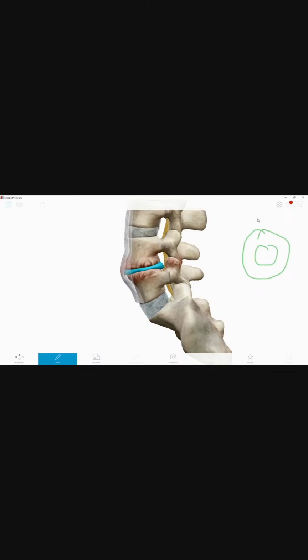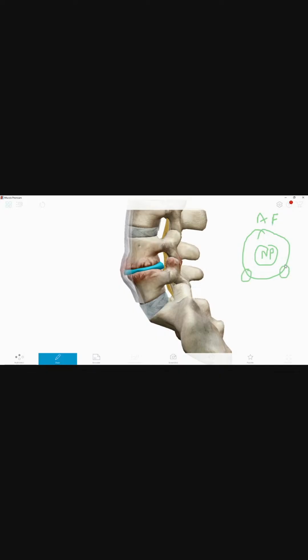The outer layer is called the annulus fibrosus, and the internal part is called the nucleus pulposus. This is the gel portion of the disc. When we say the gel of the disc has oozed out of place, we are talking about this gelatinous portion of the disc. Usually, this disc is weaker on the outer lateral portion.